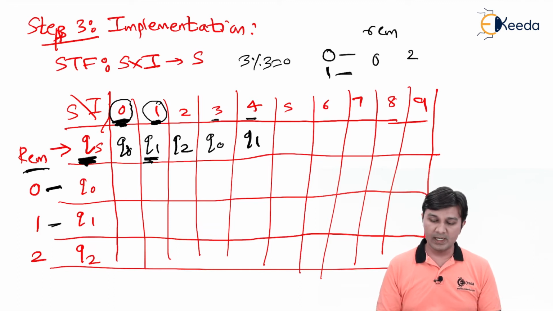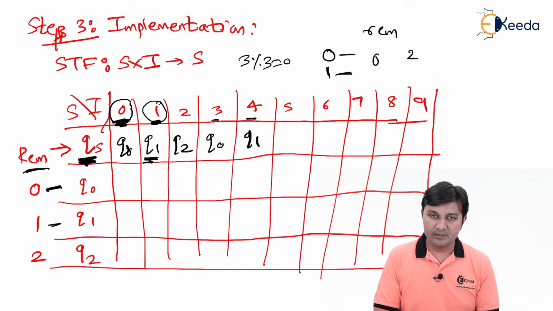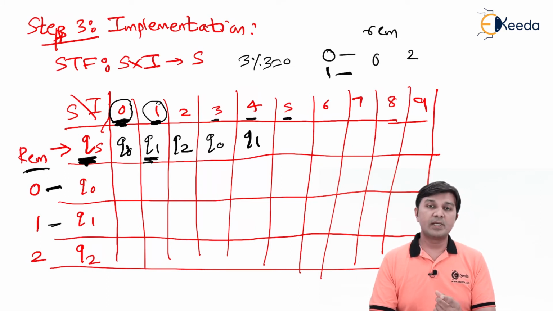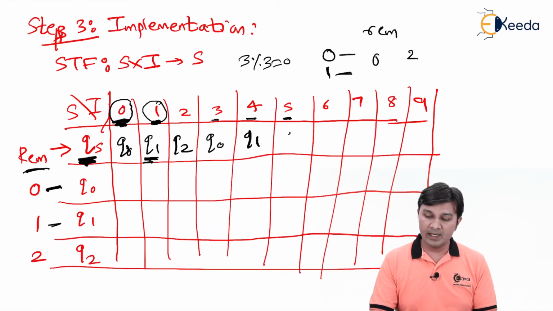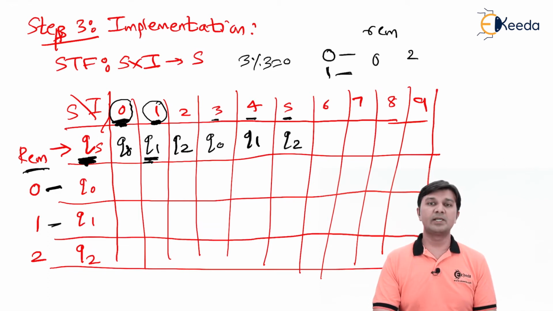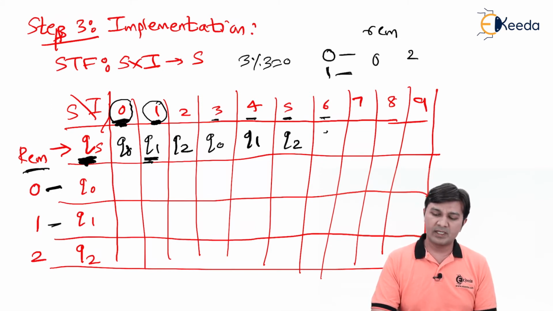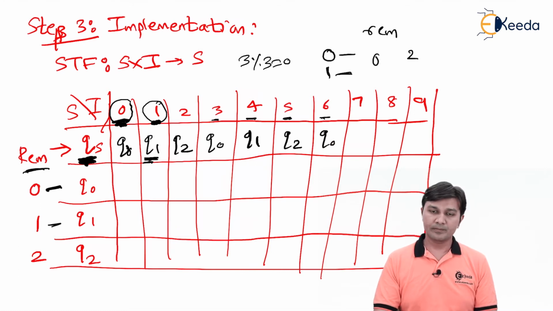Similarly, I am in state QS. The machine receives an input number 5. 5 divided by 3 gives the remainder 2. Remainder 2 means the machine will be going to state Q2. QS on receiving input number 6, 6 divided by 3 gives me remainder 0, therefore I go to state Q0.